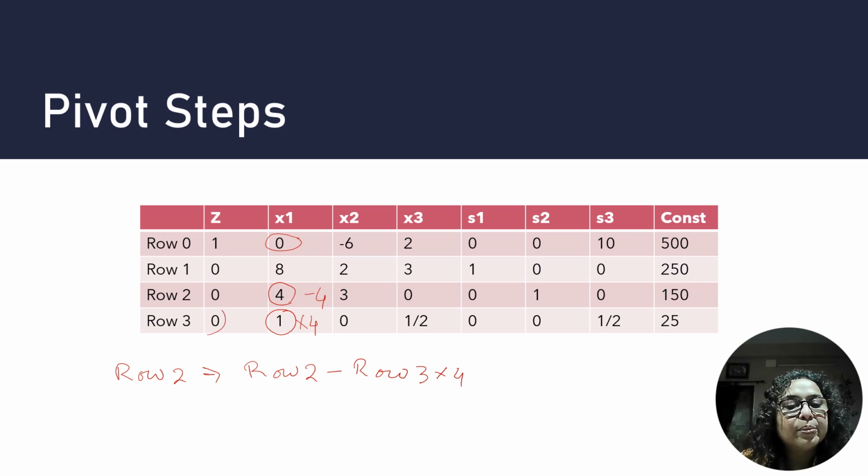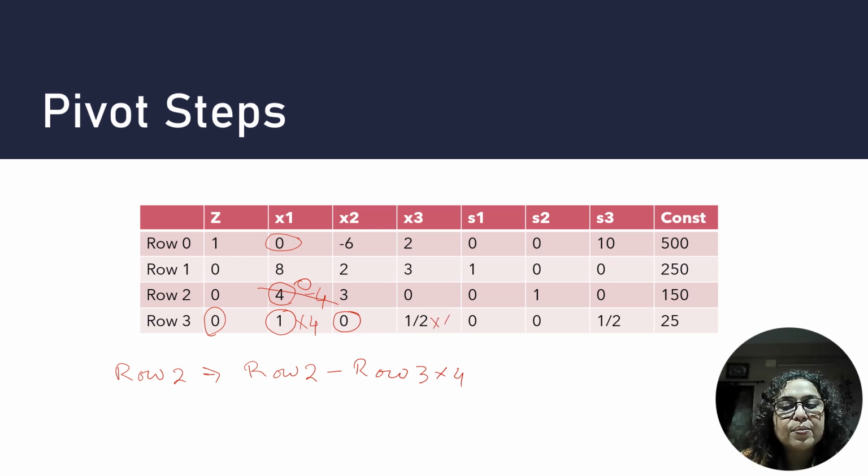So here there will be no change. Here we have multiplied this, we get 4 and we deduct this from here, following the formula that you've written. So this becomes 0. Now this will not change because since this is 0, so 0 into 4 will be 0 and so here there is no change.